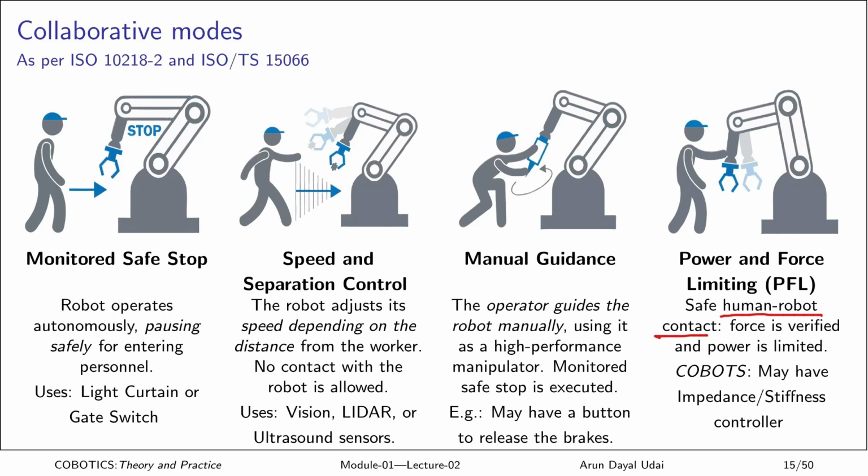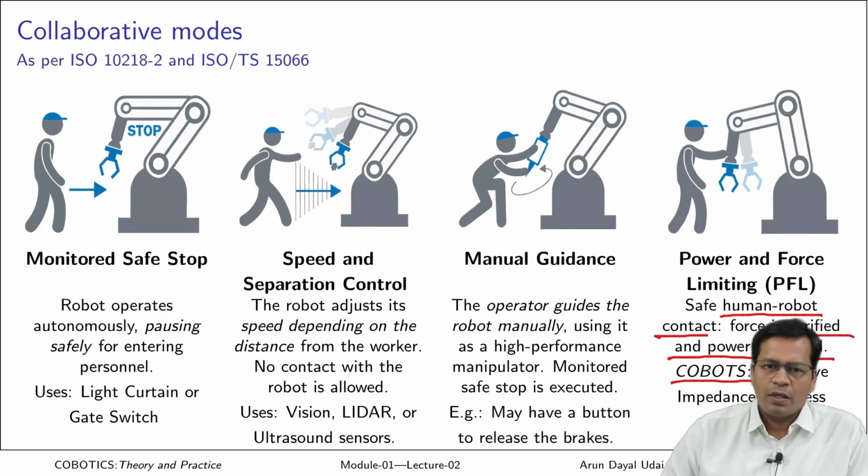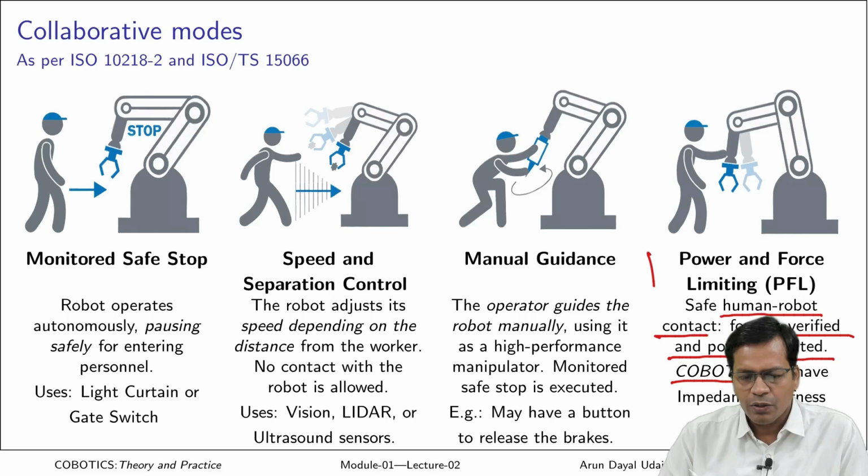Force is verified before it is applied and it is limited by the power at the joints and the power at the end effector, so that humans who come in contact with such robots are safe as per cobot standards. Okay, so these are standard cobots. They may have impedance or stiffness controllers at the joints or at the end effector level. Okay, so this one is actually a cobot.